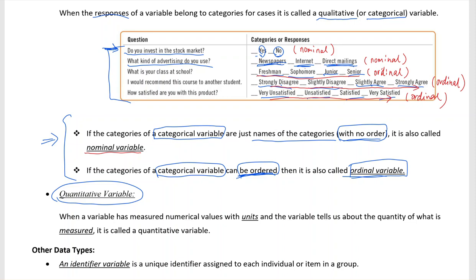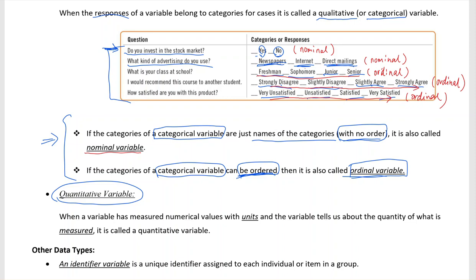The responses need to belong to one of the categories. Next, you need to decide whether these categories can be ordered or have no order. If the categories have no order, then it is called a nominal variable. If the categories can be ordered, then it is called an ordinal variable.